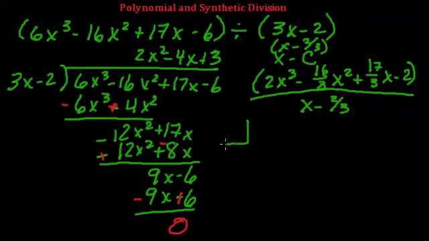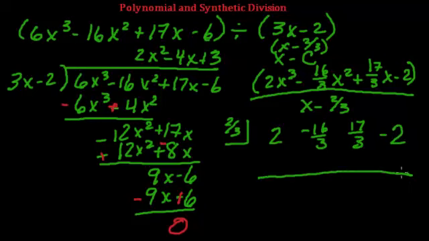So my c is 2 thirds. It's going to be going into 2, minus 16 over 3, plus 17 over 3, minus 2. Those are my coefficients, sitting right there. Bring down my 2. I'm going to multiply. That's going to be 4 thirds.